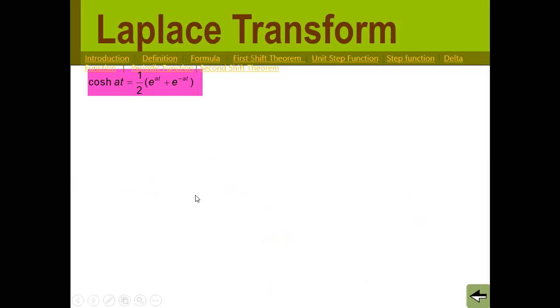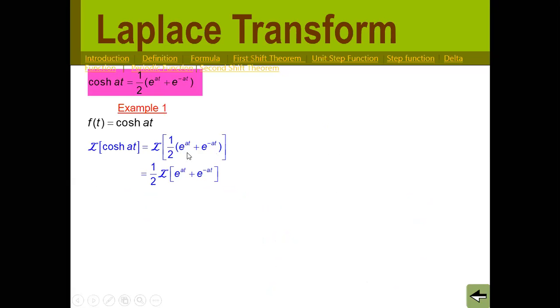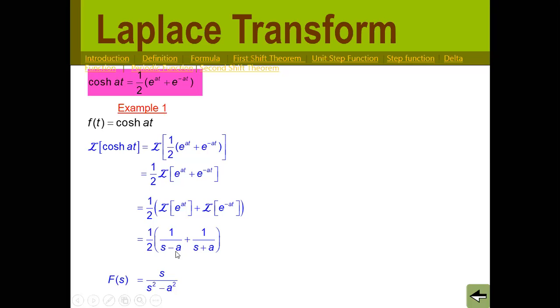Actually, we can also use this concept where cosh(at) is the same as 1/2 (e^(at) plus e^(-at)). So the Laplace of cosh(at) is the Laplace of 1/2 (e^(at) plus e^(-at)). Laplace of e^(at) is 1 over s minus a, and Laplace of e^(-at) is 1 over s plus a. Just equalize the denominators and you get s over s square minus a square.